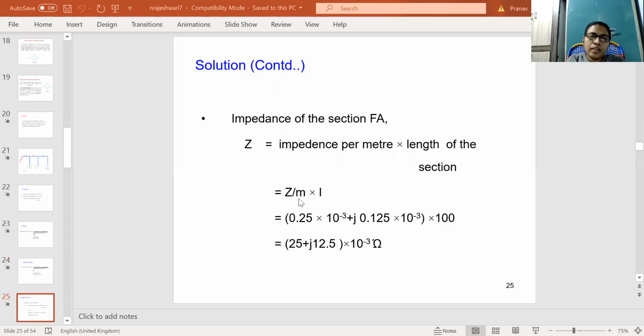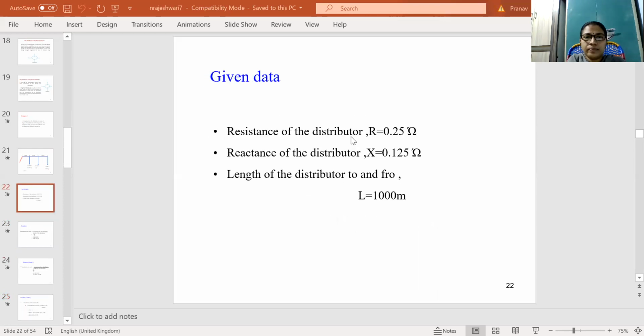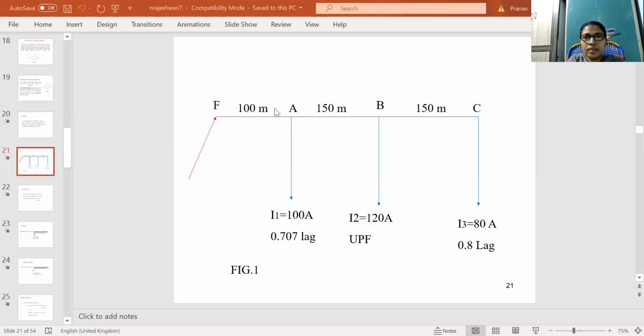And then the impedance of the section FA: Z is equal to the impedance per meter into the length of the section. That means up to section FA, this is 100 meters.